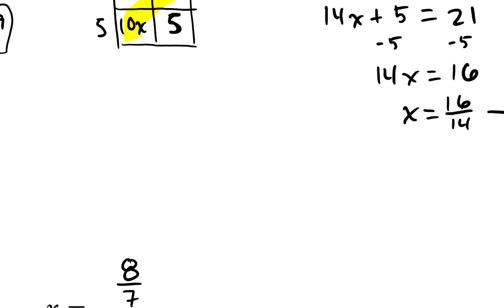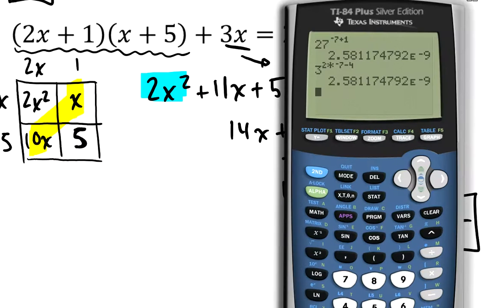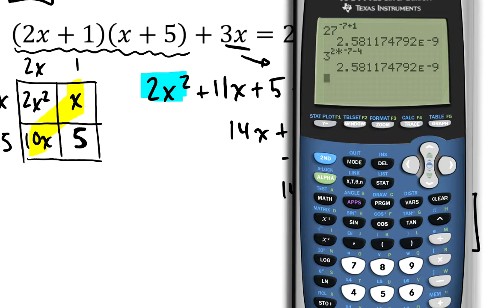And then let's check this. Unfortunately, this is kind of a long expression to check 8/7, isn't it? It's kind of long. Something occurs to me. If I hit alpha, grabbed a fraction and hit 8, and then over 7s, I think I can take that and I can store it in.